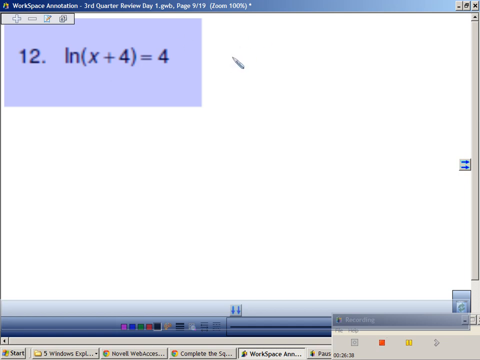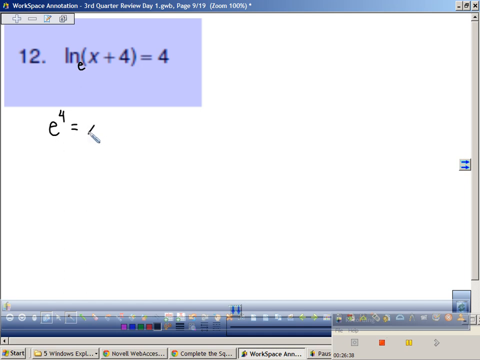Okay, what's the base of this already? E. So E to the what? 4 equals x plus 4. Subtract 4 from both sides, and you get x.